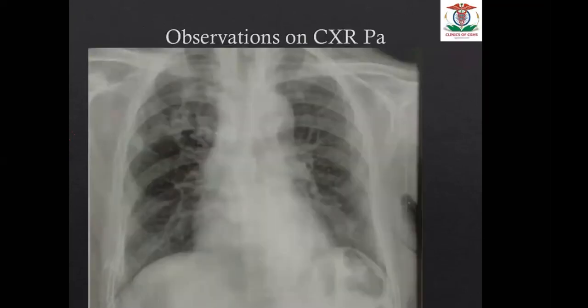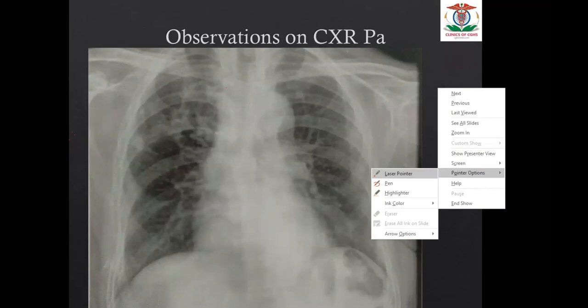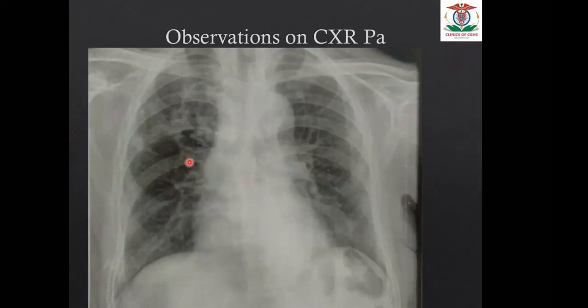Now, this was the chest X-ray of the elderly patient. And this is the abnormal area in the right upper lobe. This is the predominant abnormality seen on the chest X-ray, and there's some infiltrate here. But you can see some cystic shadows, very faint.